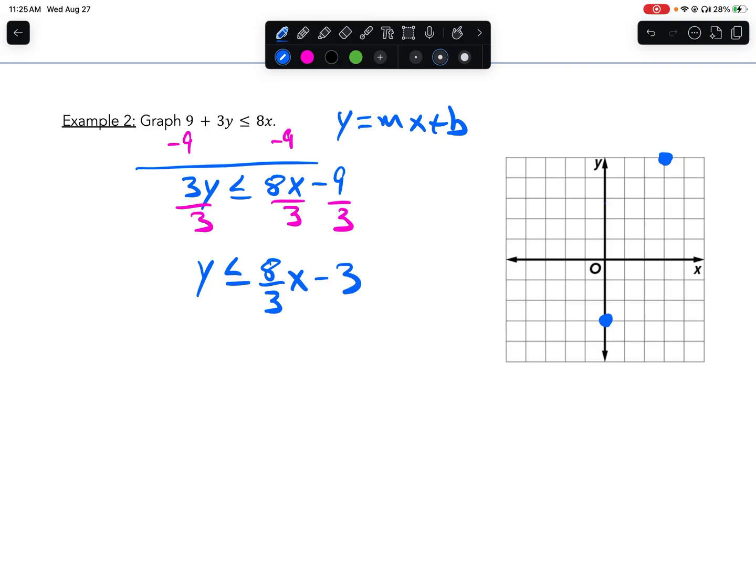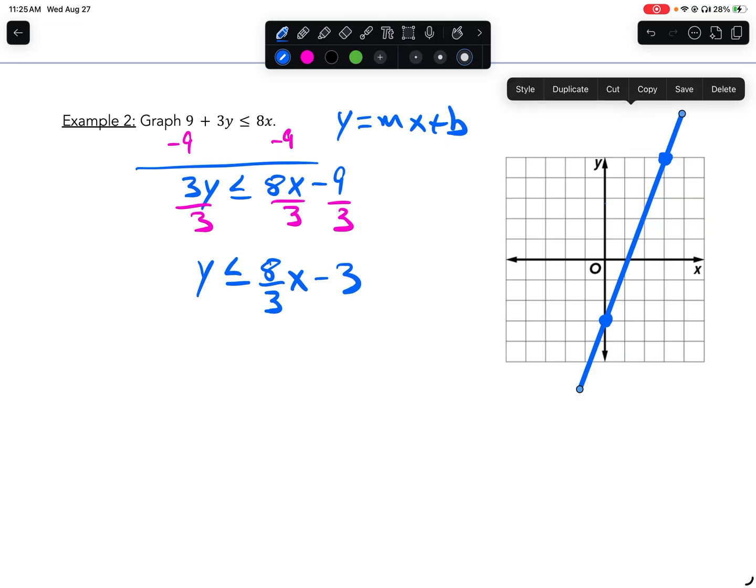So I'm looking here at my inequality because it's less than or equal to. I'm going to make this a solid line, right? And remember, your line goes up and down forever, so you need to put arrows on the end of that line.